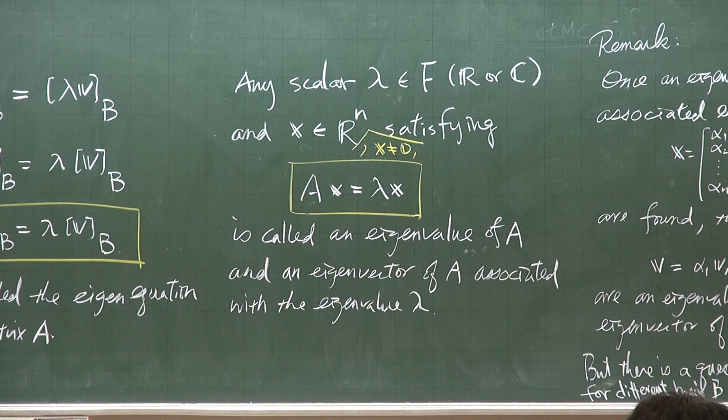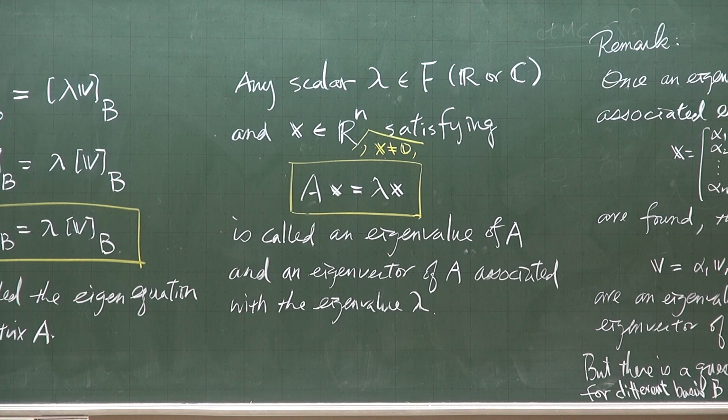Alright, so this holds if and only if (A minus lambda I)x equals 0 for some non-zero vector x in Fn.